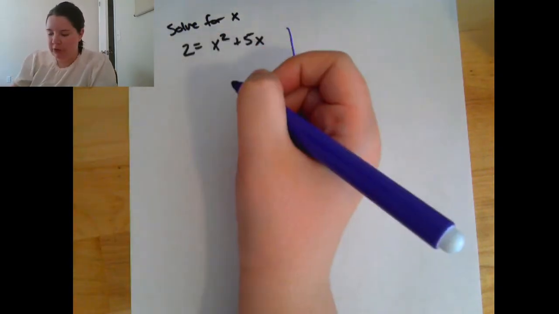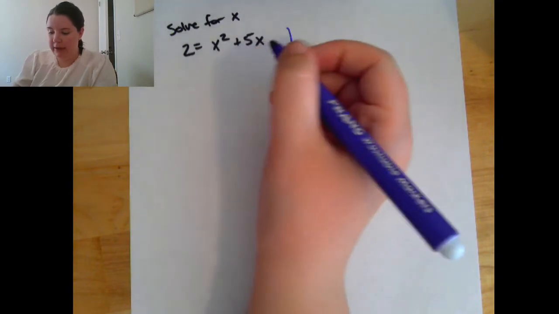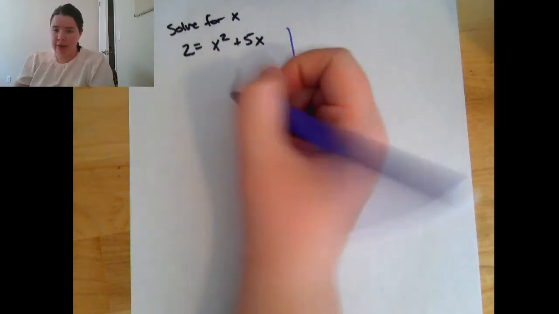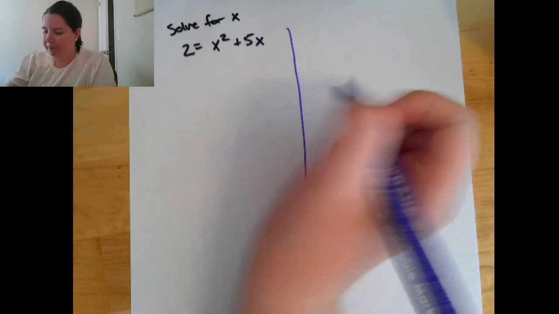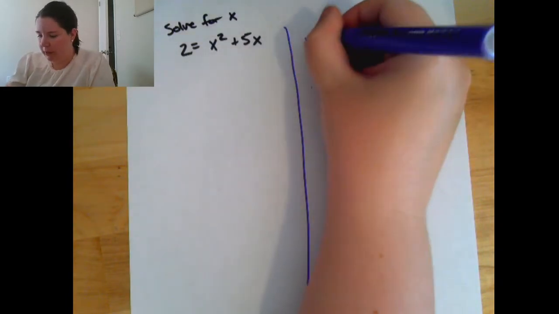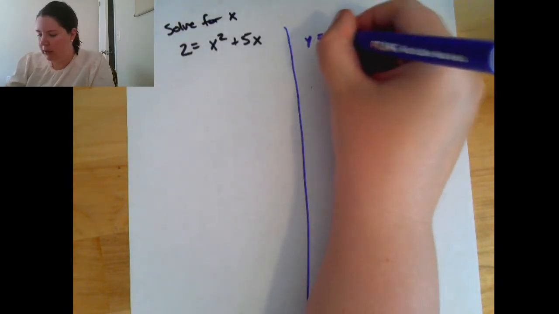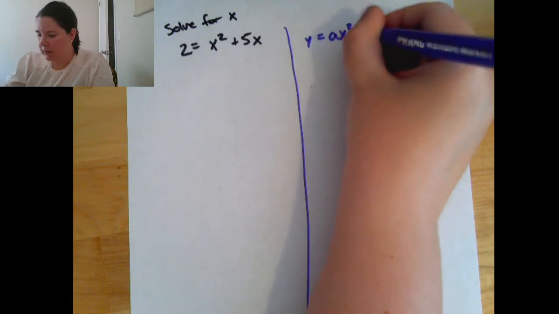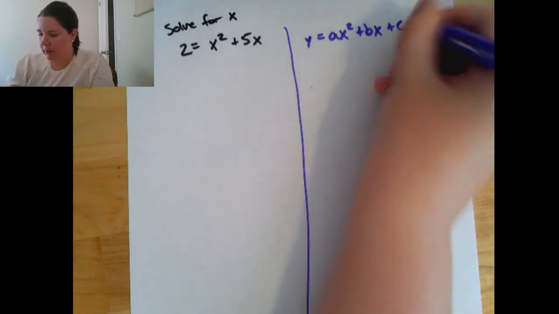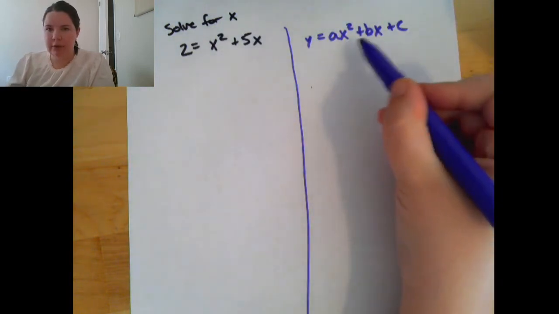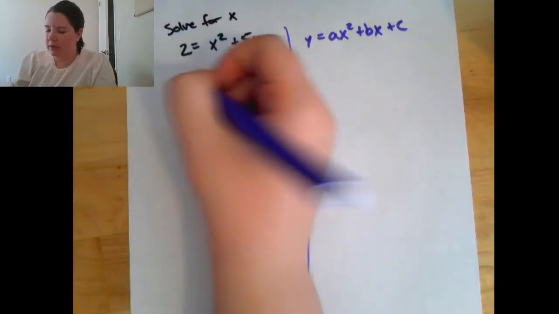The first thing I'm going to do is write this in standard form so I have a better idea of what's going on in this problem. Again, standard form is y equals ax squared plus bx plus c. We want all of our ducks in a row here. So let's do that.